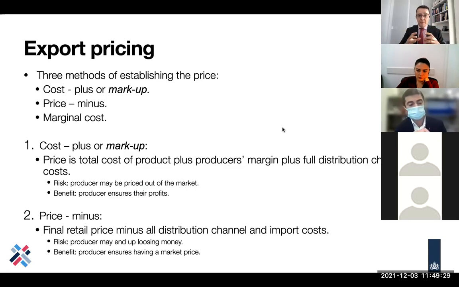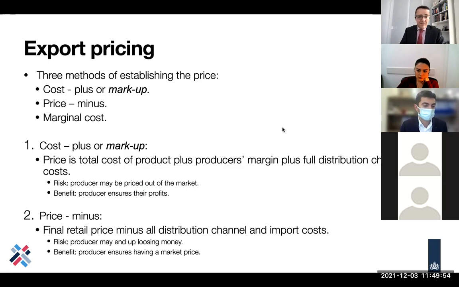You add all that up. You put on top of that a margin, which is how much money you want to make of the transaction. And that's the price. So your costs are $80 and you want a 20% profit margin. You want $20 profit, then your final price is 100. Simple, straightforward.